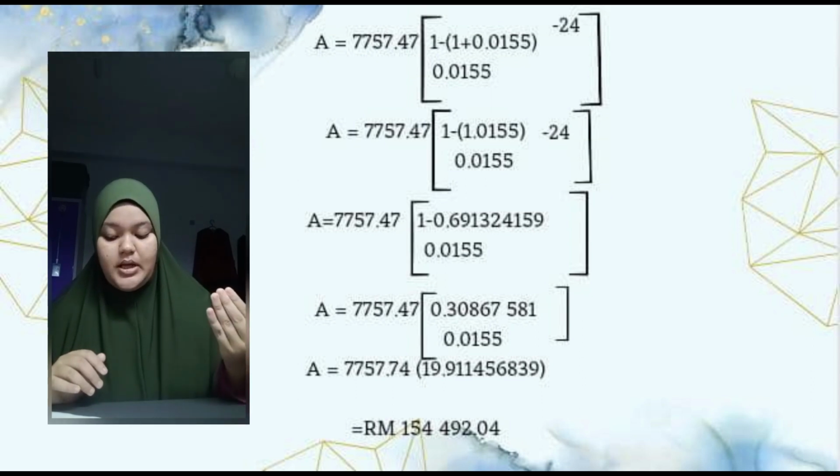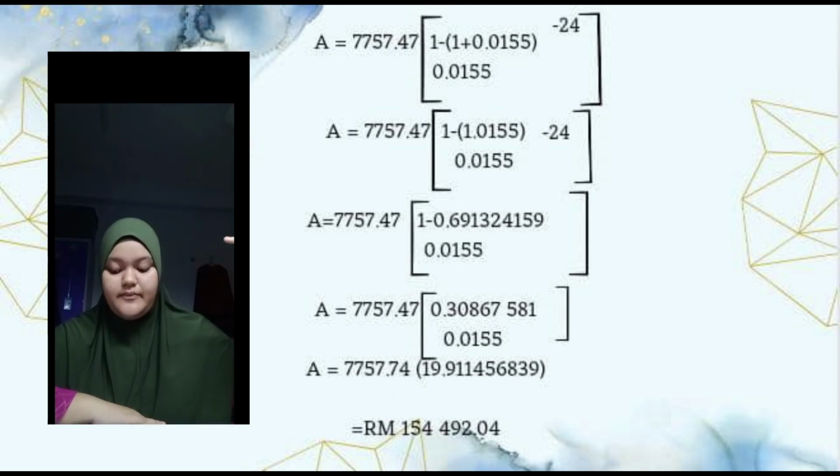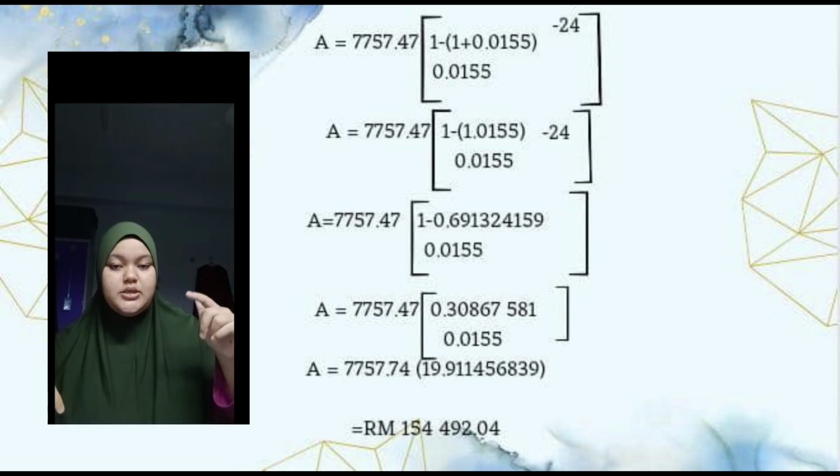the answer A equals 7757.74, open the bracket, 1 minus 0.69134159 over 0.0155. The same thing.